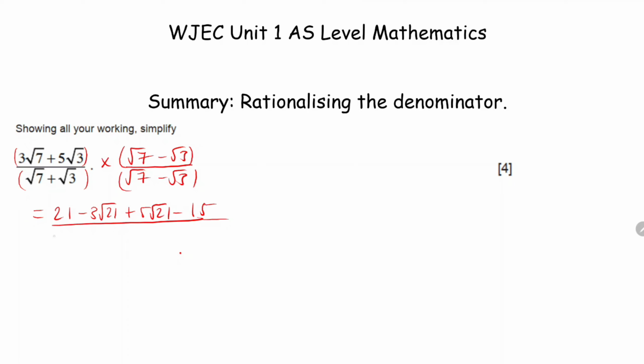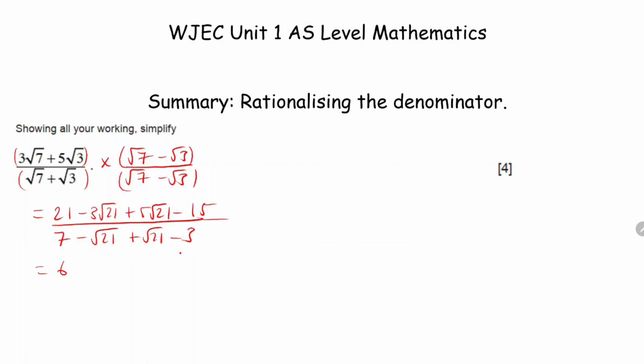The bottom, root 7 times root 7 is just 7. Root 7 times minus root 3 is minus root 21. Root 3 times root 7 is plus root 21. And then plus minus minus, root 3 times root 3 is 3. So you're going to go minus 3. 21 minus 15 is 6.